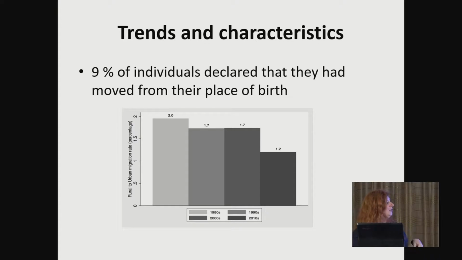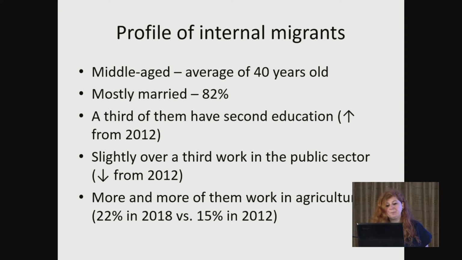What we see in Egypt is that we actually have a quite low migration rate from rural to urban regions, and actually migration from urban to rural is more or less the same as urban to urban. So people tend to stay more or less where they are born.